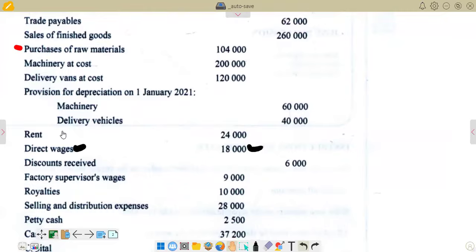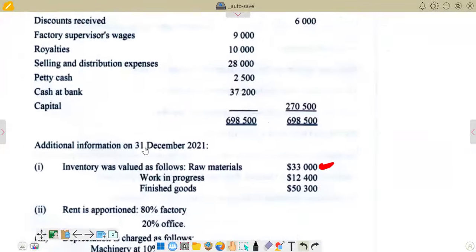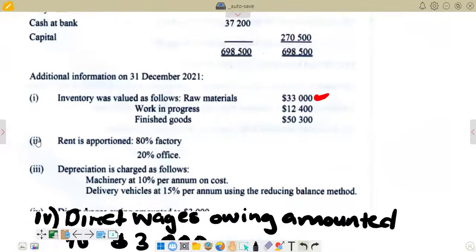If you go down, you see that we've got rent, 4,000, and you see that rent also is a manufacturing overhead. But we can go to the additional information to see what it says about the portion of rent. Additional information number 2 reads: rent is apportioned at 80% for factory and 20% for office. In the manufacturing account, where we are concerned about the factory part, 80% of rent should go to the manufacturing.